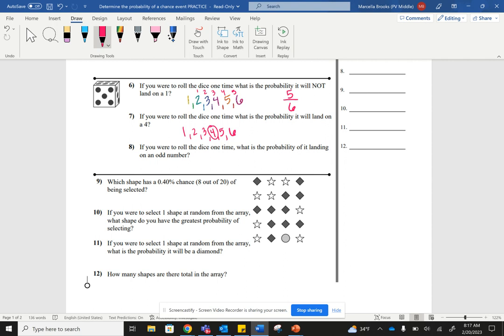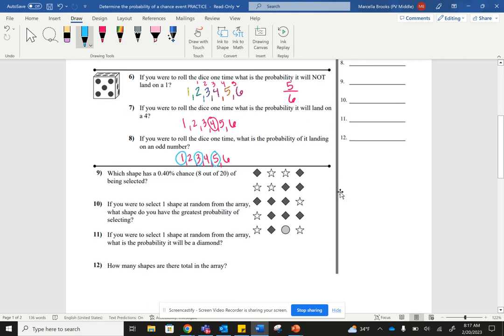If you were to roll the dice one time, what is the probability of it landing on an odd number? So again, we're going to write our sample space. 3, 4, 5, 6. I'm going to give you a hint on the odd numbers. So odd numbers, 1, 3, 5. So what's the probability it would land on an odd number? Make sure you simplify your fractions.